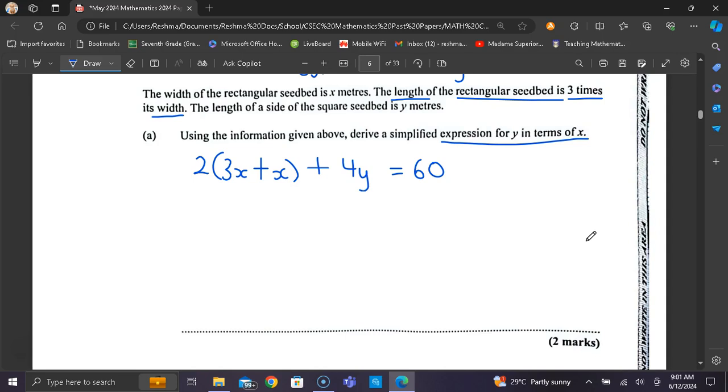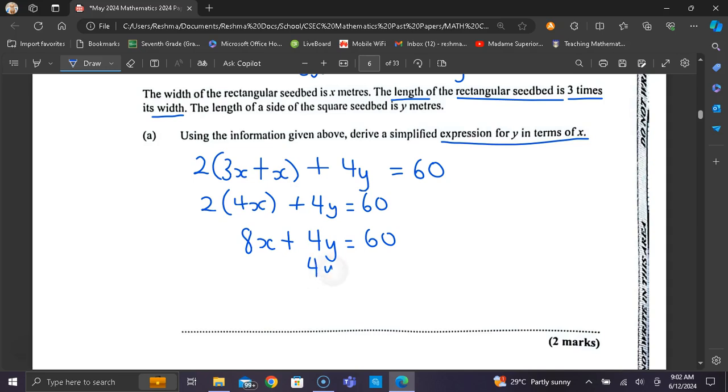All right, so let's simplify our expression. So 3x plus x is 4x. All right, 2 times 4x is 8x. So now I could subtract the 8x from both sides. And then divide by 4.